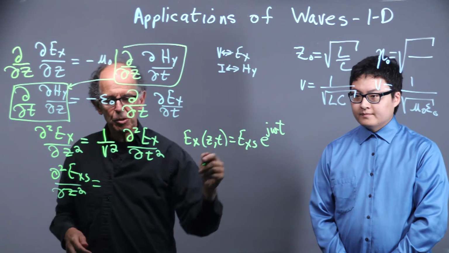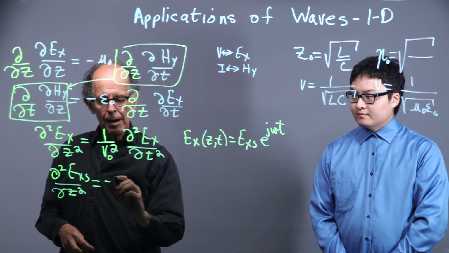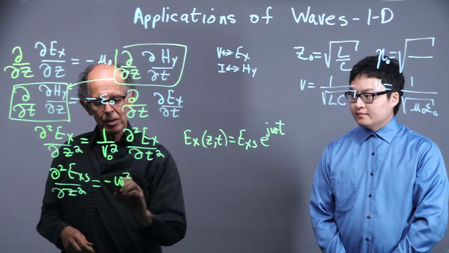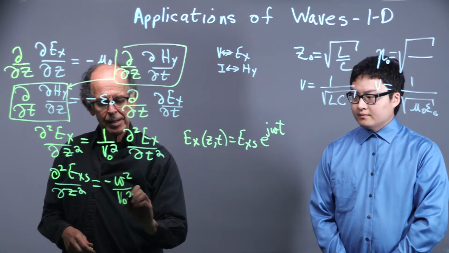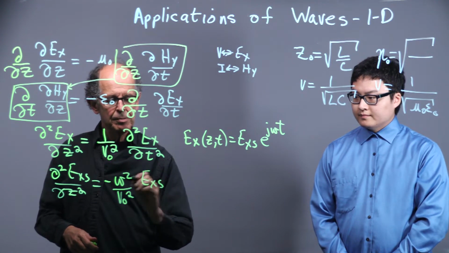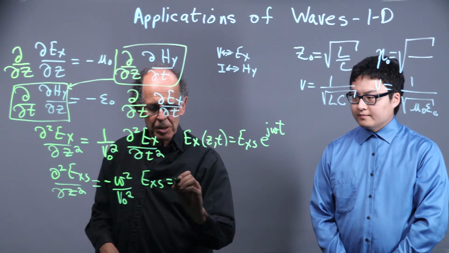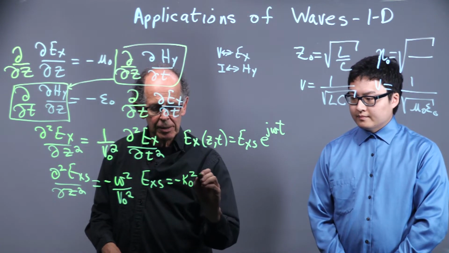The exponentials cancel out. We've seen this before. We get minus omega squared over v naught squared times EXS. And this we call k naught squared. So this is equal to minus k naught squared EXS.